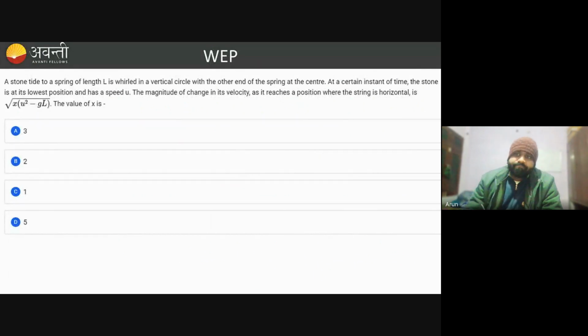Now, this question. So a stone is tied to a string, this is a string, not spring. So a stone is tied to a string of length capital L and is whirled in a vertical circle with the other end of the string at the center.